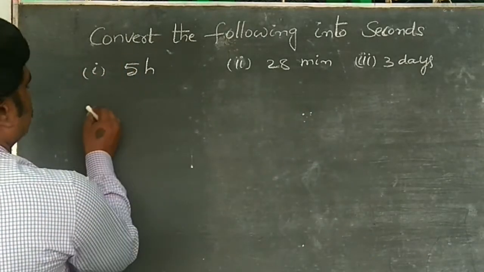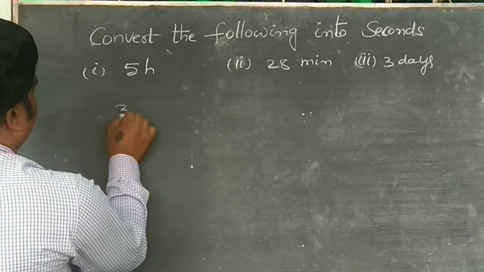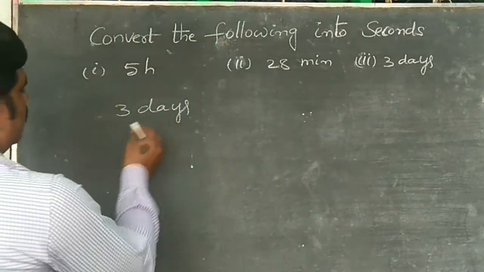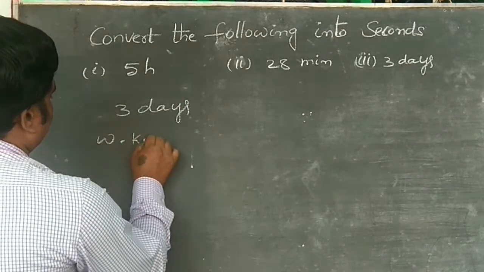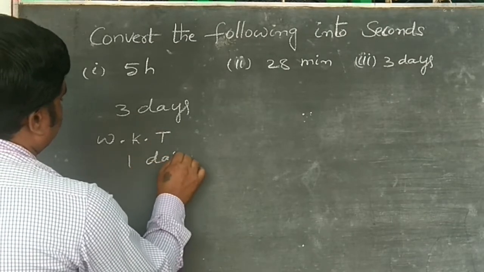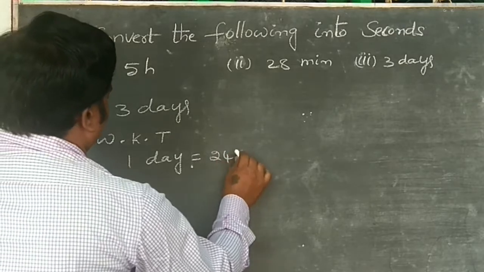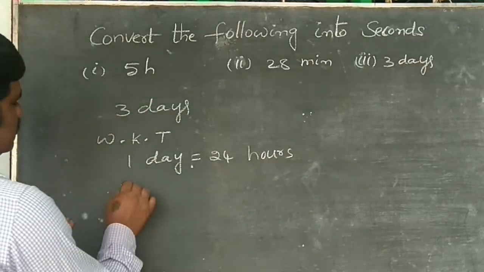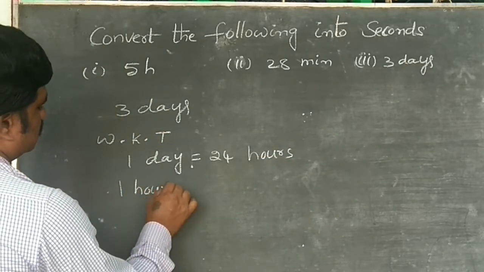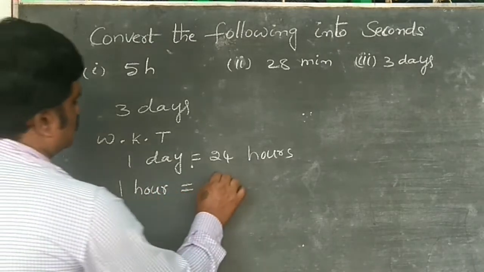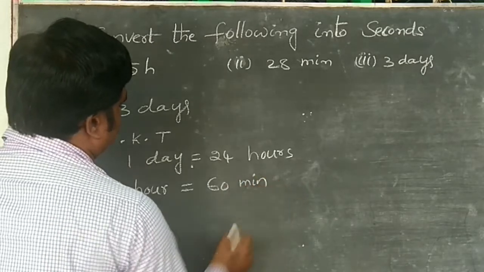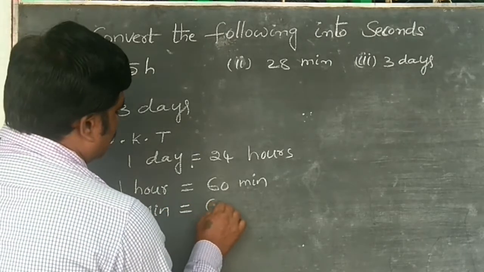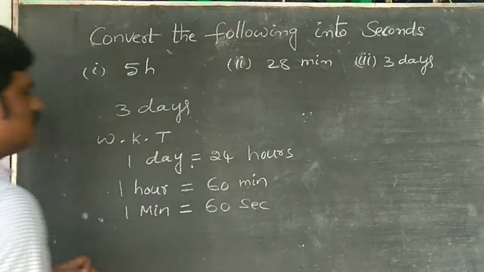Next, the third problem, 3 days. So already we know that 1 day is equal to 24 hours, 1 hour is equal to 60 minutes, 1 minute is equal to 60 seconds.